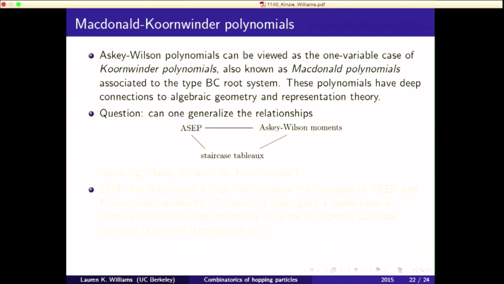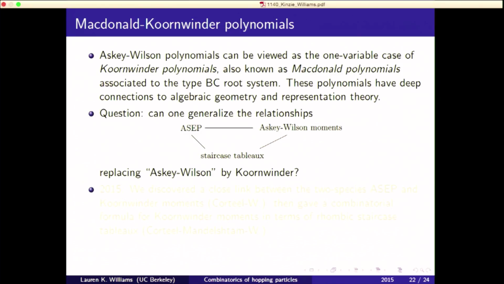And a question, basically, that we were asked was, can one generalize this trio of relationships where you replace Askey-Wilson by Koornwinder? But for a long time, we weren't quite sure what to do because first, it wasn't quite clear how to define the Koornwinder moments. It wasn't clear how one should generalize the ASEP.